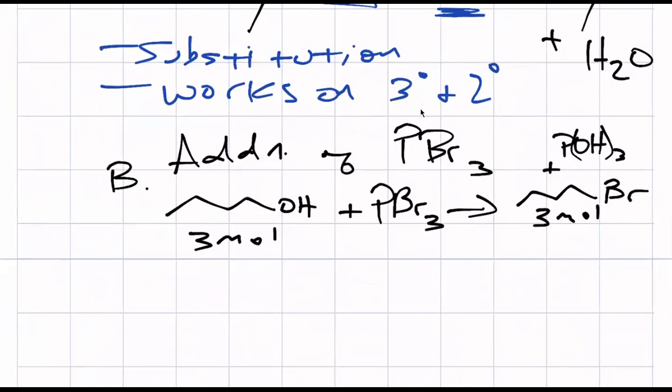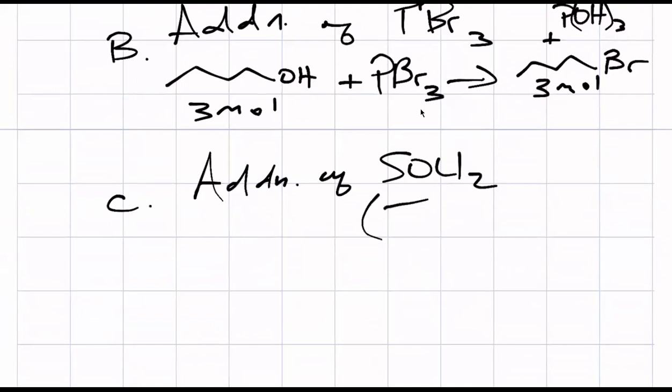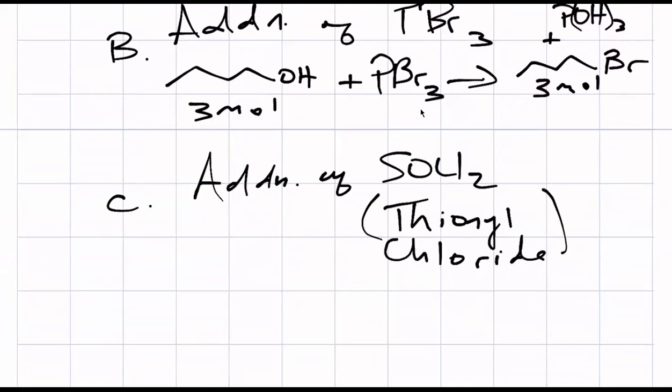All right. And then the final method that we're going to look at for converting alcohols into alkyl halides is using thionyl chloride. And that's SOCl2. Right? It looks like this. All right, so this works with primary alcohols.